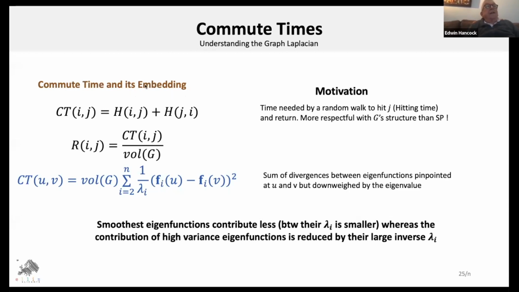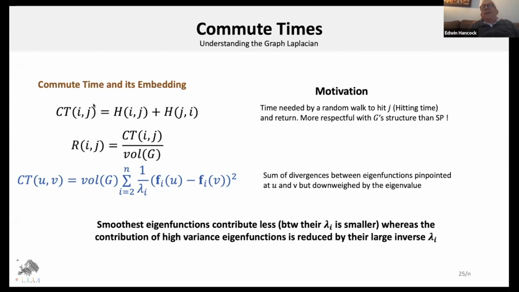If one of the connections in the network, representing one of the roads you normally take in your path from home to work, is deleted, normally that will not actually prevent you getting to work. What you'll do is you will take an alternative path. And what the commute time does is it actually averages over all possible paths between a pair of nodes, the time taken to travel and travel home again.